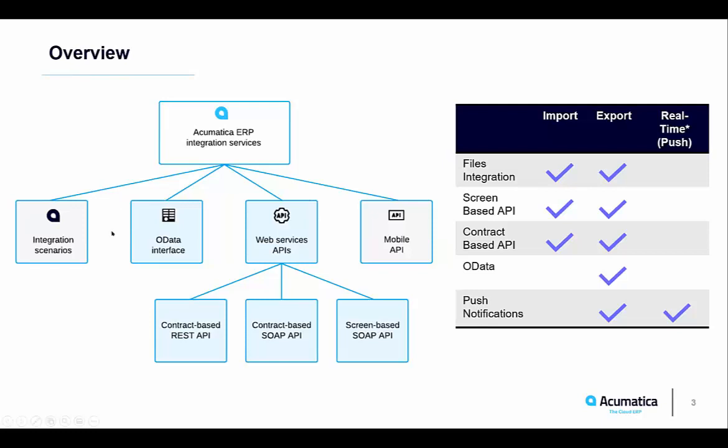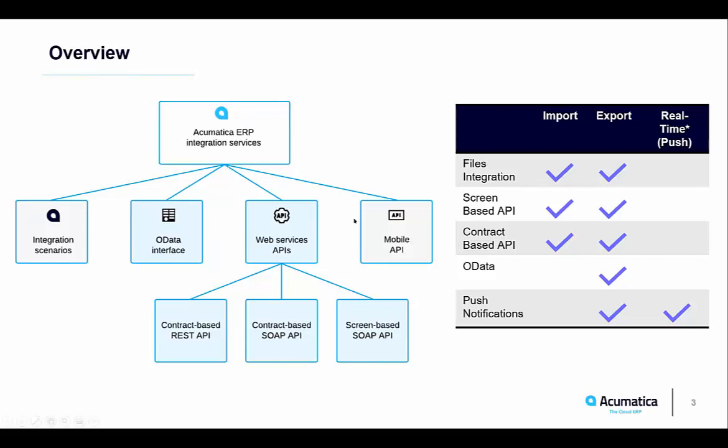Yesterday, for example, we had one of the web services APIs, the contract-based REST API, presented by Samuel, and today we're having OData. As you may notice, this interface is standing a little bit aside from the web services APIs, and actually it has really nothing in common with them. It's going its own very special way.